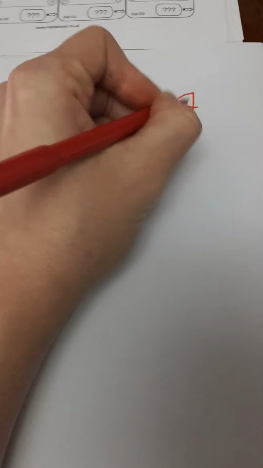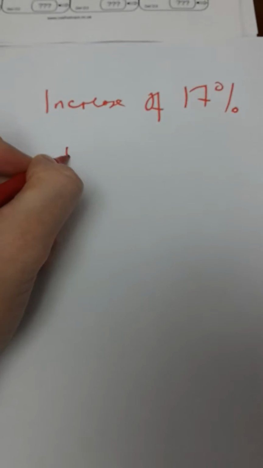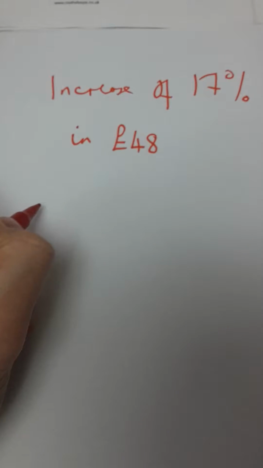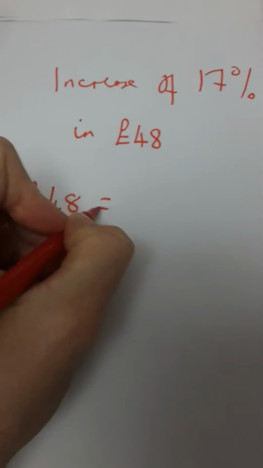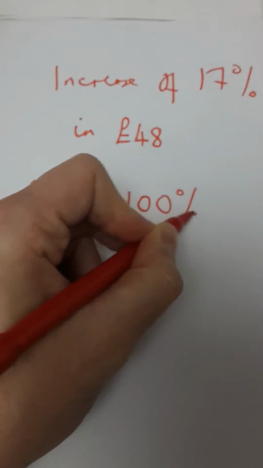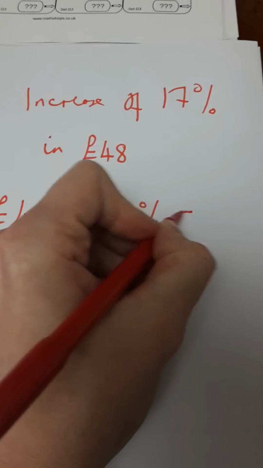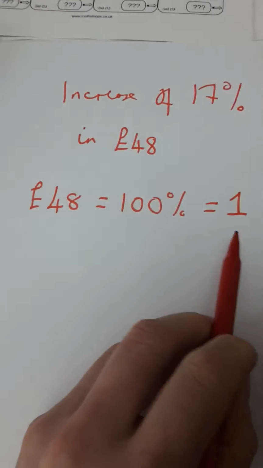Okay, so we were calculating an increase of 17% on £48. Right, ready for this? Our £48 is the same as 100%. 100% as a single number equals the number 1.